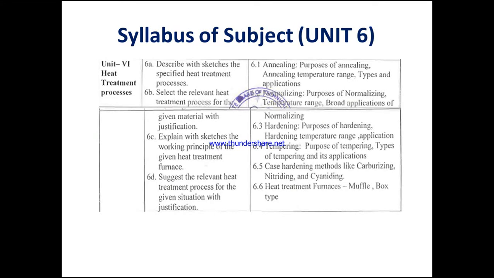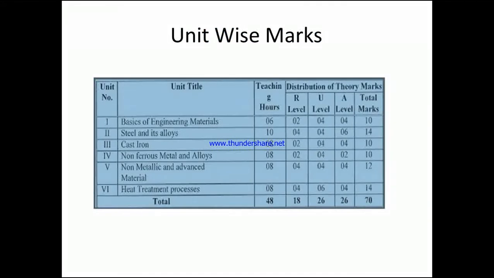So this is the syllabus of mechanical engineering materials. Then we will discuss the unit-wise marks. The first unit carries 10 marks, steel and its alloys is for 14 marks, cast iron is for 10 marks, non-ferrous metals and alloys is for 10 marks, non-metallic and advanced materials is for 12 marks, and the heat treatment process is 14 marks.